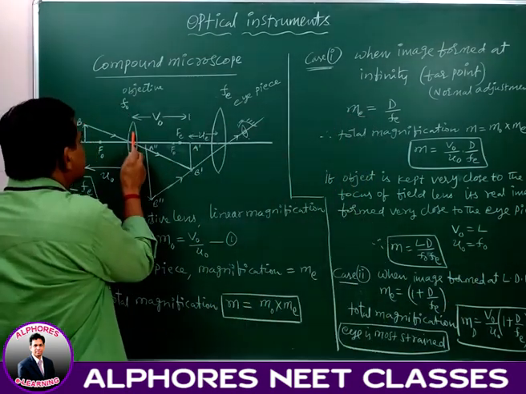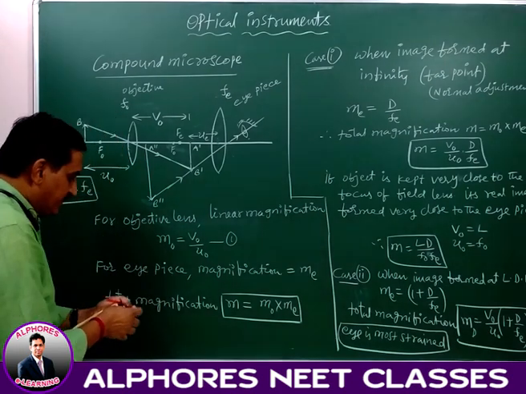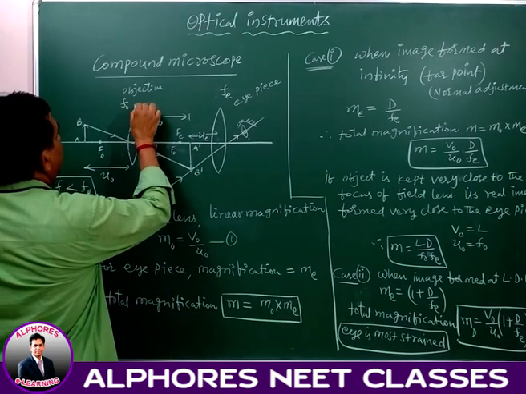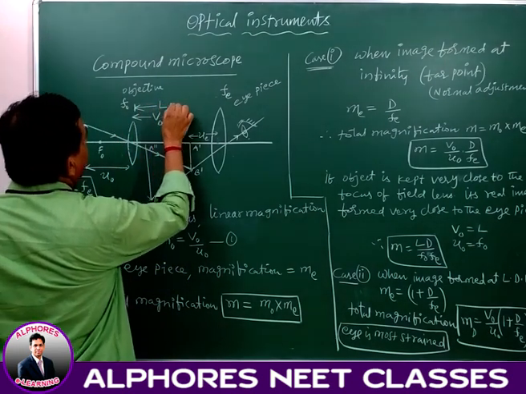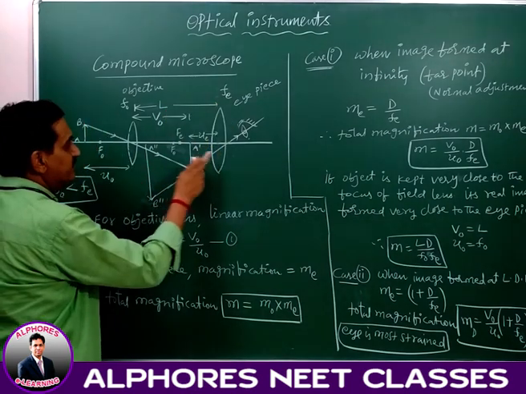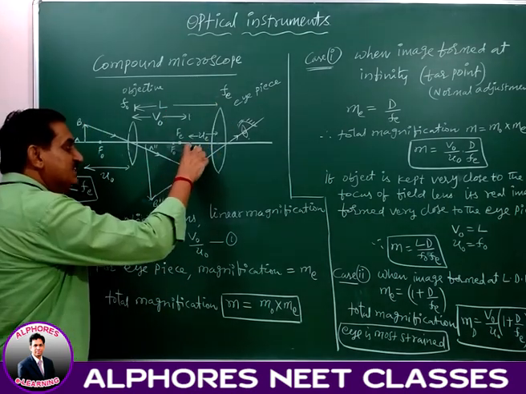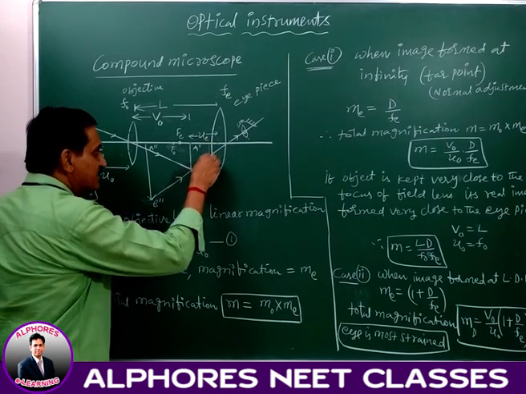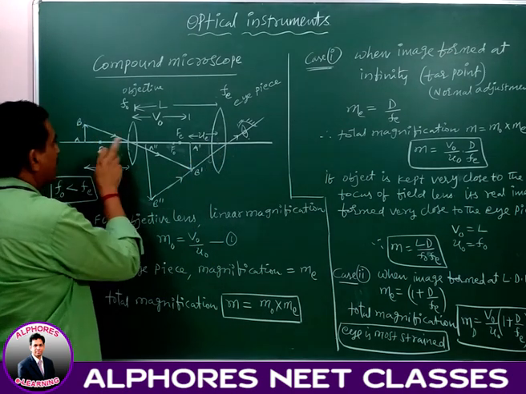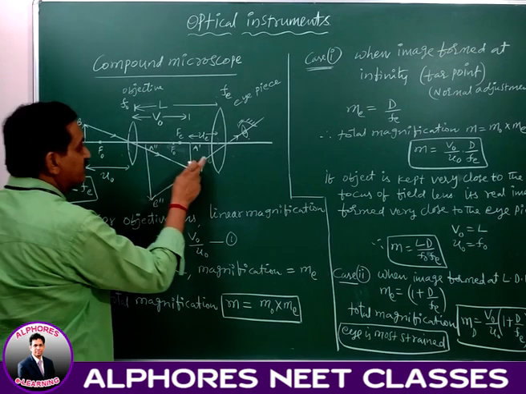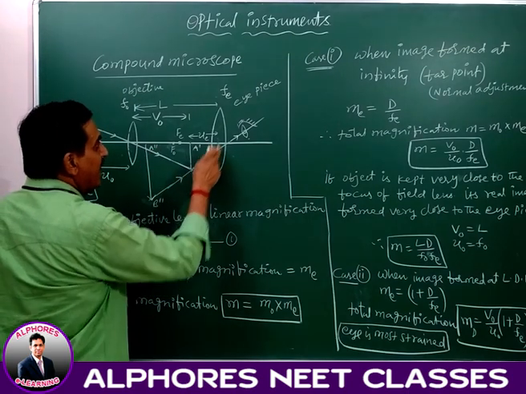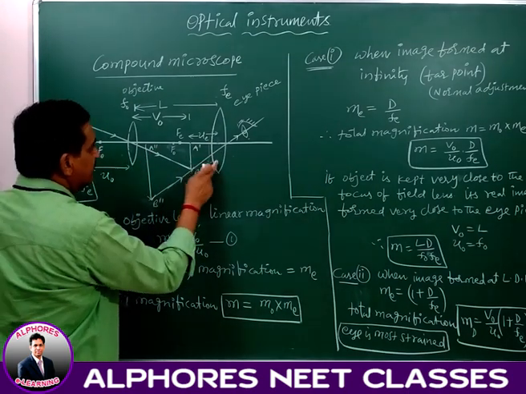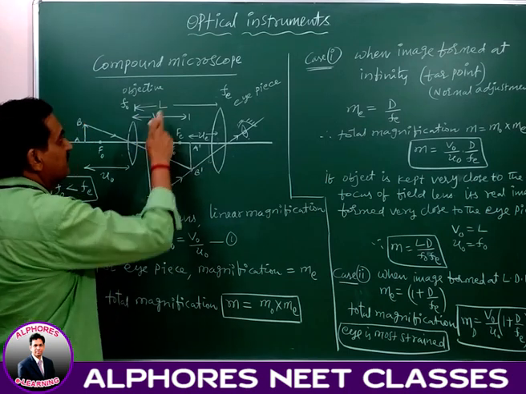Now the image distance, from here to here, let it be the length of the compound microscope, say L. That is the distance between the two lenses. Why? Because this image is almost touching the lens. When this image formed by the field lens touches the eyepiece, then the distance between the two lenses is nothing but the image distance.